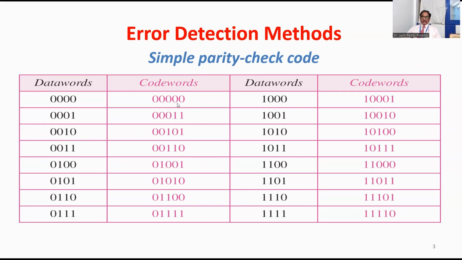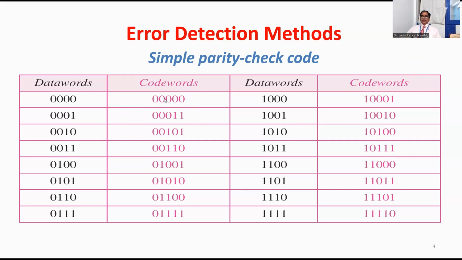As we have already discussed, in this discussion we will be following the even parity mechanism. So the appended bit, or parity bit, is decided based on the number of ones in the message, so that the total becomes even. In the first message, 4 zeros, no ones means even, so the parity bit becomes 0.